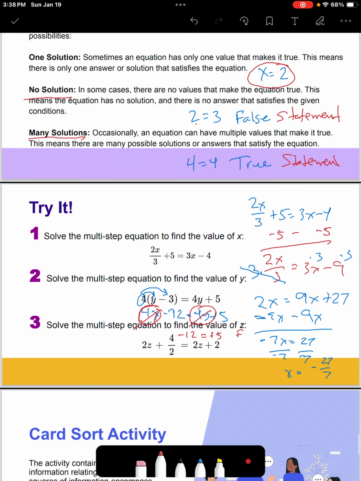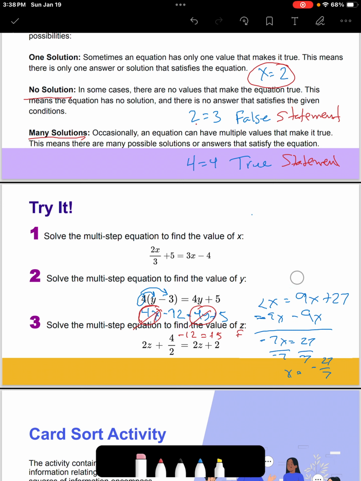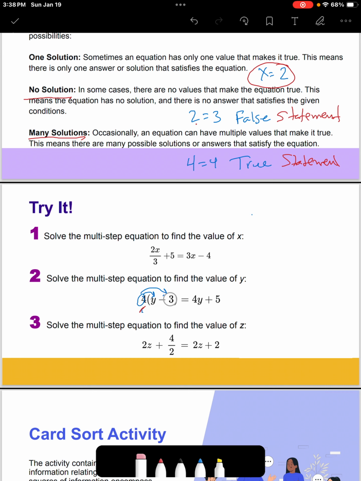So let's try it. Let me clean this up a little bit, and then we will see what we can get. Let's take a look at the first one. Remember, our first one is 2x over 3 plus 5 equals 3x minus 4.